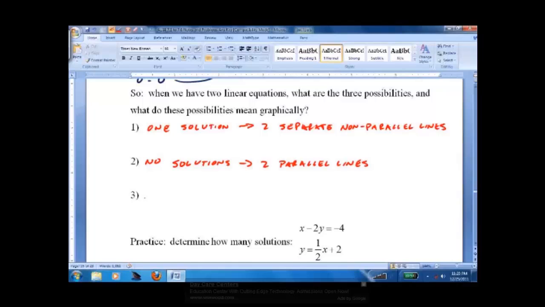And if we have infinitely many solutions, and I'm tired of writing out infinitely, we have the same line. Not too challenging. Pretty much the same work you've already been doing.